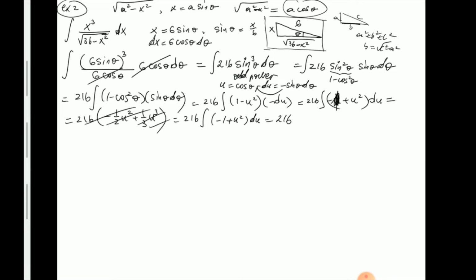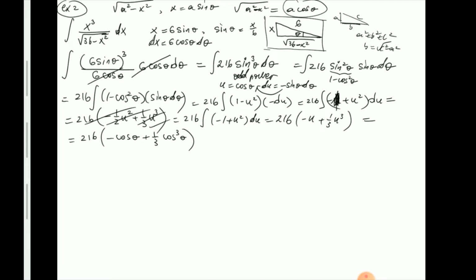And then the integral is minus u plus 1/3 u cubed. Okay. Now go back to theta. So u is cosine of theta, so that's minus cosine of theta plus 1/3 cosine cubed theta.